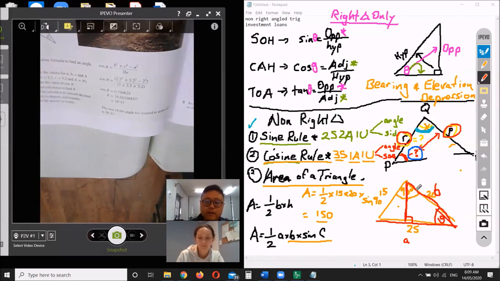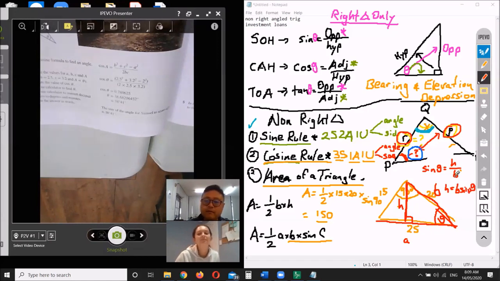What's another way of showing the height? Theta is equal to H on B, so opposite over hypotenuse. By the time we rearrange it, the opposite, which is H, is going to be B sine theta.